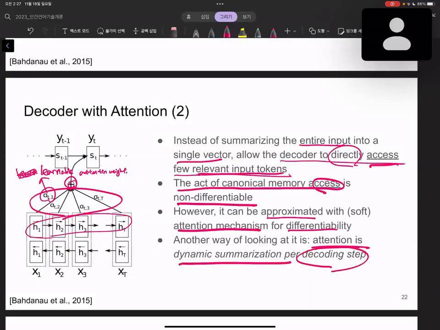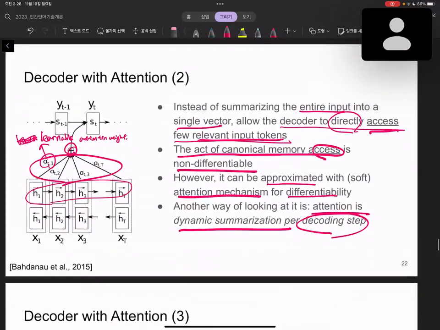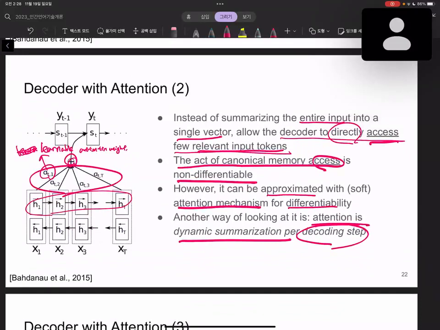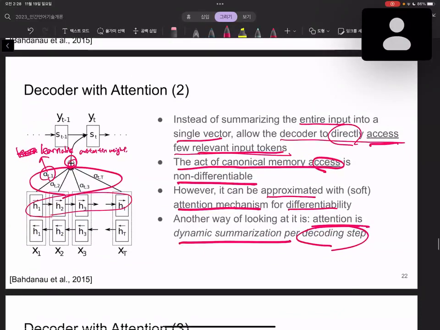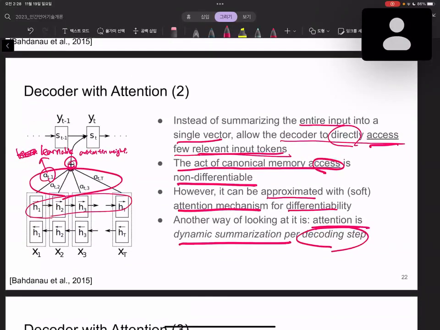So this is the attention, but a very different form from the attention nowadays. Okay, recent attention, from the transformer.